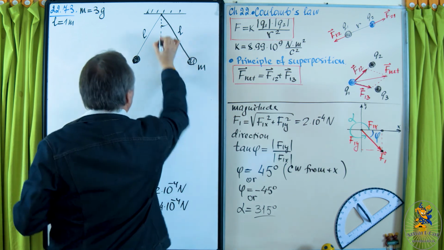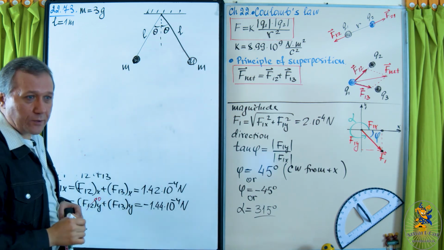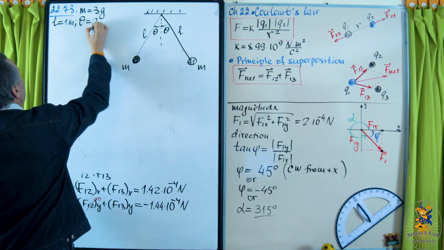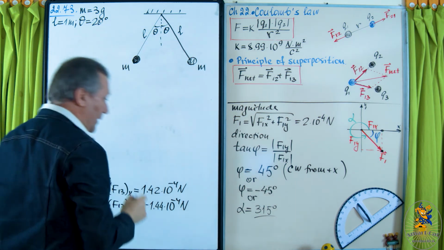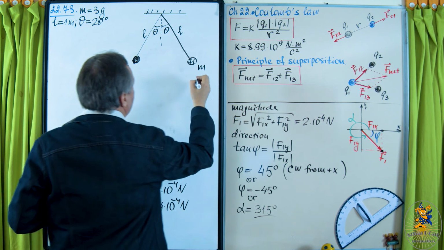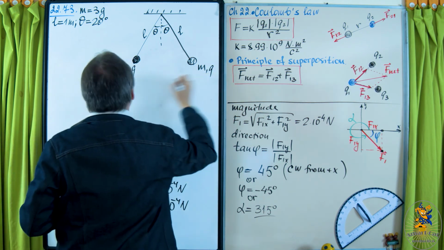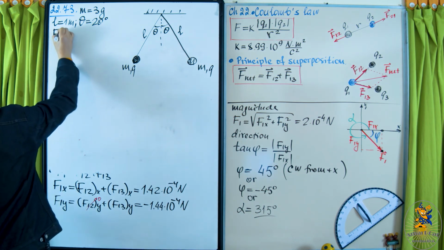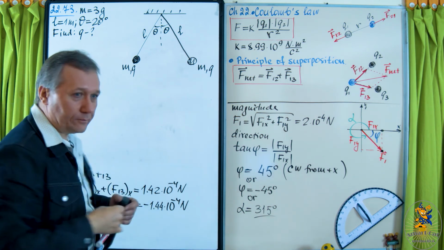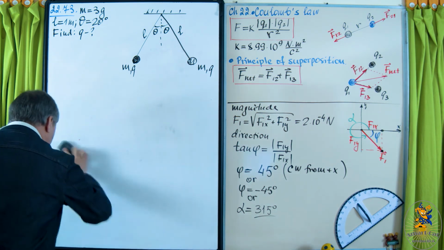And of course, this should also be theta because the situation is symmetrical relative to the vertical line. So theta is 20 degrees. So that's what is given. And then we should be able to find the charge. Of course, the charges are the same, but they are not given. So what needs to be found? Q. Okay, now I can erase the rest.